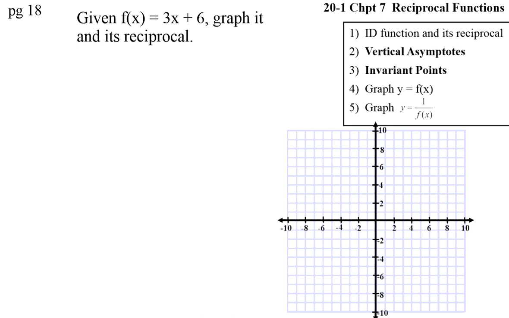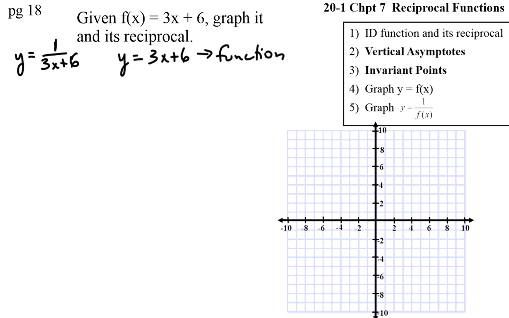Well, the reciprocal function would be y equal to 1 over 3x plus 6, because y equals 3x plus 6 is our function, and y equals 1 over 3x plus 6 is our reciprocal function. So there's step 1. Step 2, or B in the notes, the vertical asymptote.